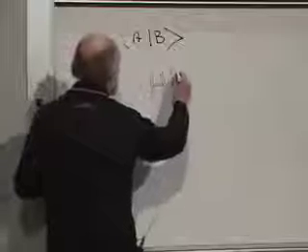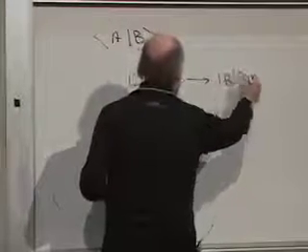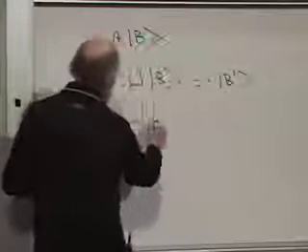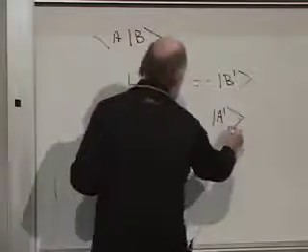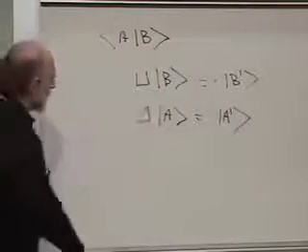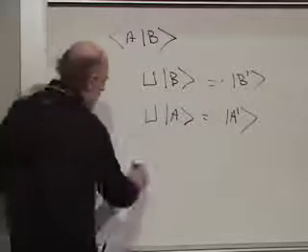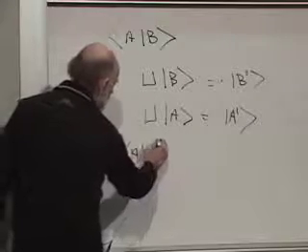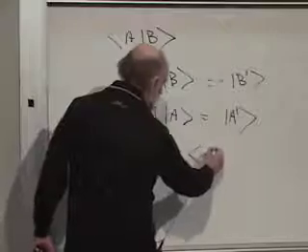Supposing U takes B to B prime, and supposing U takes A to A prime, then it follows that A U dagger is equal to bra vector A prime.